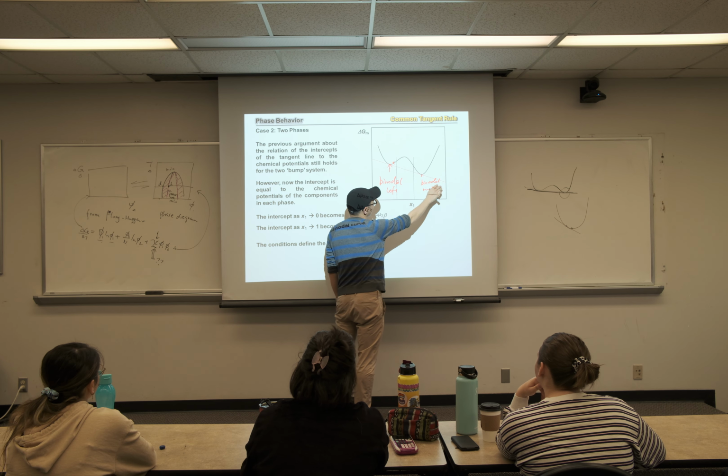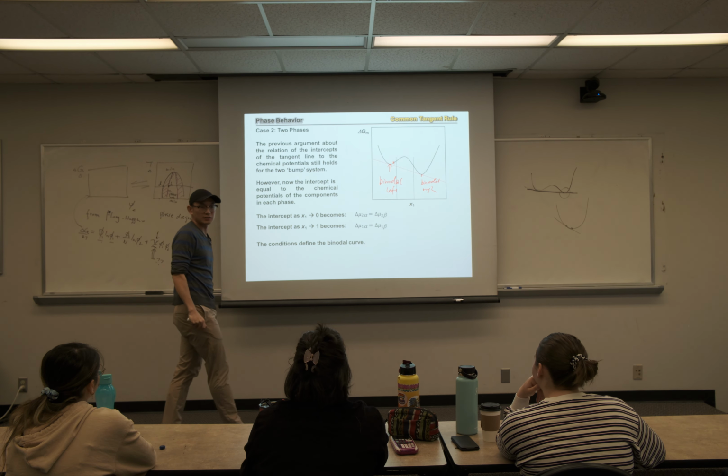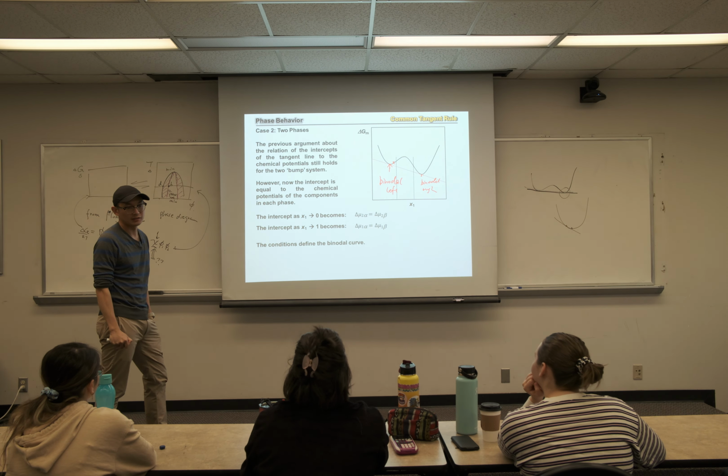So this is all similar for the polymer. That's what we were saying. But the important part is to understand how this defines the binodal curve, right? This would be the binodal curve, because these are the two possible lowest energy state points you can phase separate into.